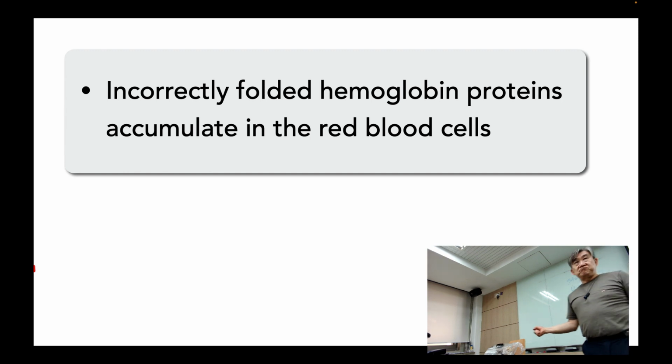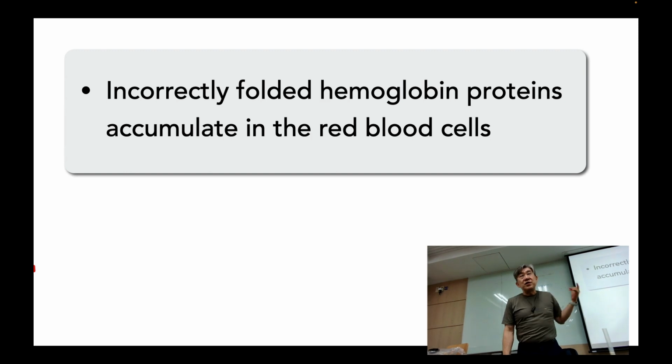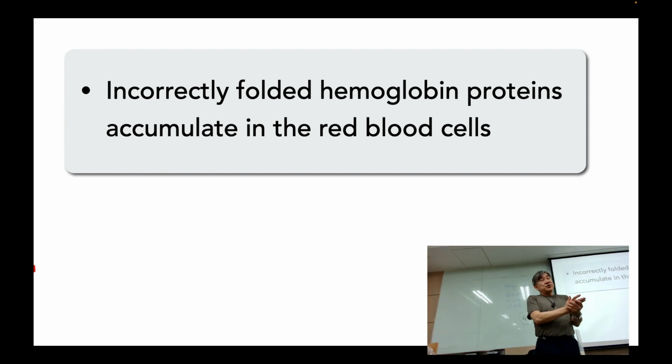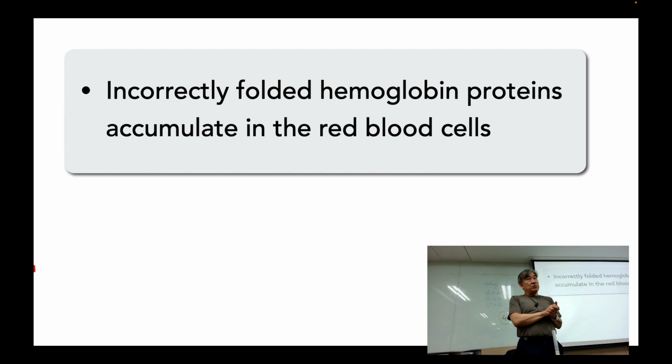As a consequence, your red blood cell cannot function normally. Earlier I explained the mechanism of why they accumulate and sink. It's because the identity of the amino acid changed: a hydrophilic amino acid was changed into a hydrophobic amino acid.